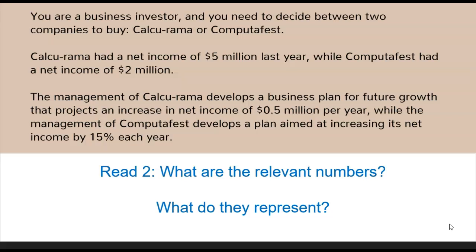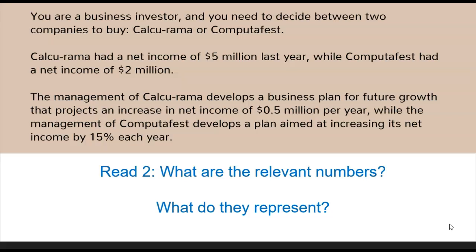Now we're going to focus on what are the relevant numbers and what do they represent. So here we go again. You're a business investor and you need to decide between 2 companies to buy, Calcu-rama or Computafest. Calcu-rama has a net income of $5 million last year, while Computafest had a net income of $2 million.